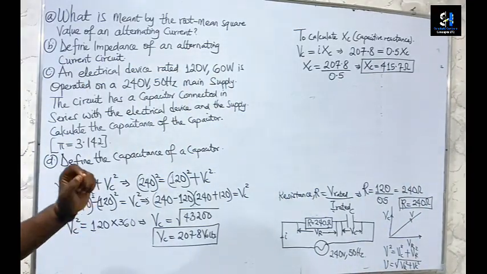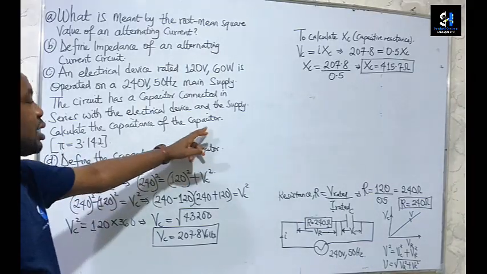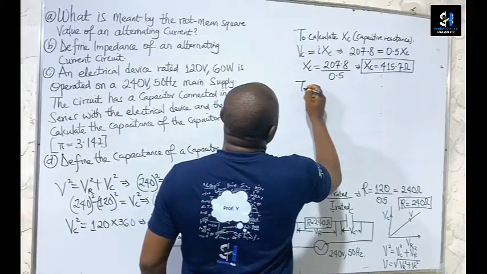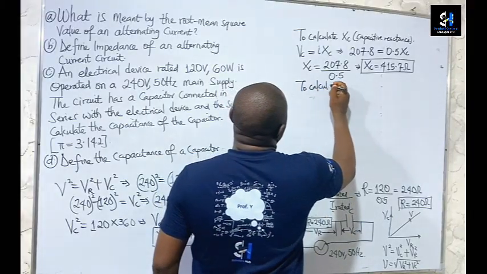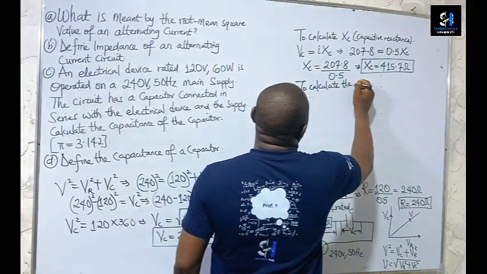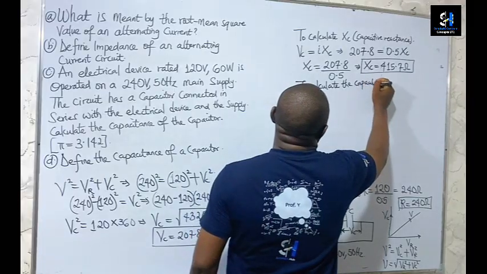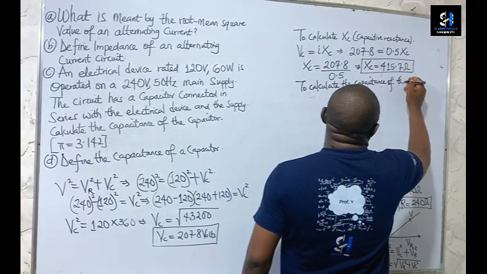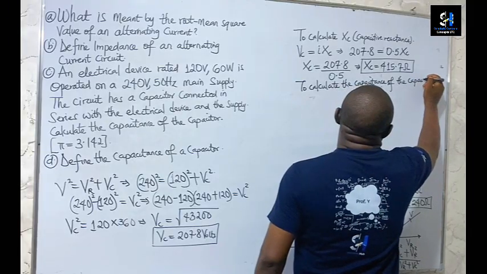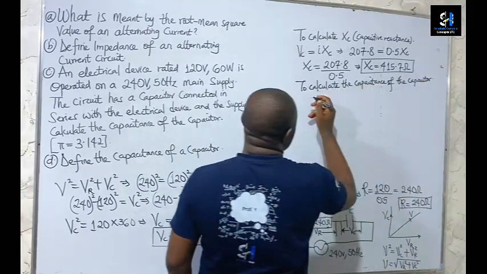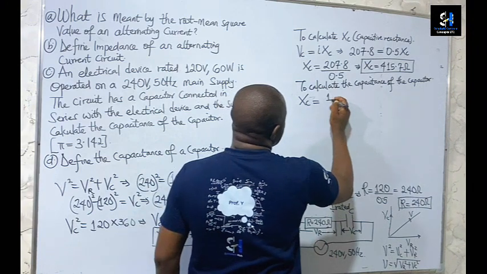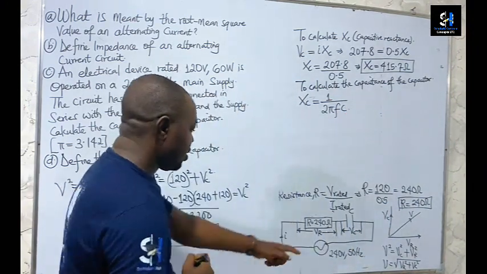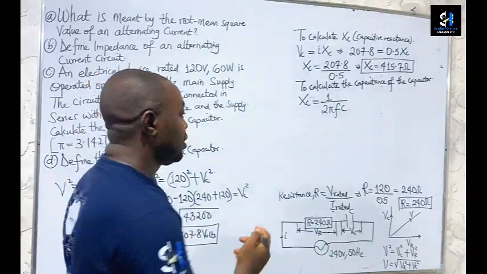Our task is to calculate the capacitance of the capacitor. So we make use of XC equals 1 over 2 pi FC. Remember, we are given F to be 50 hertz.